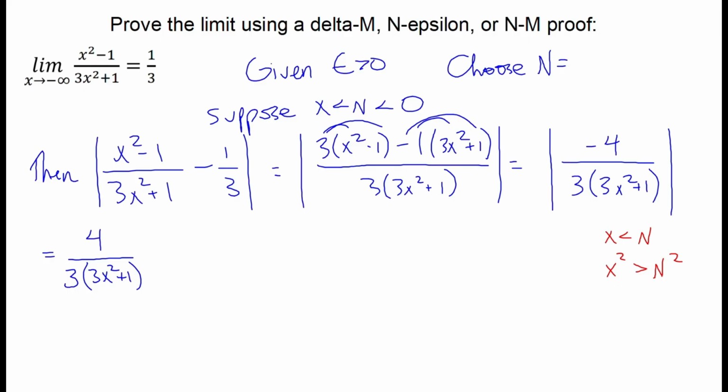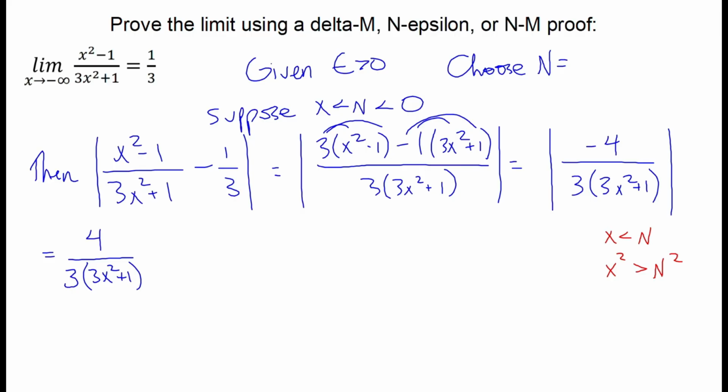For example, if x is negative 2, that's less than negative 1, since we know that these are both negative numbers from our original statement. When I square them, that inequality sign should flip. 4 should be greater than 1. x squared should be greater than n squared. So we have x squared is greater than n squared.